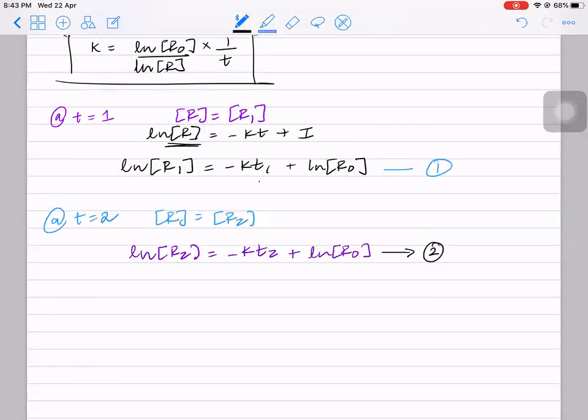Okay, this is at t1, the other one is at t2. Now let's subtract these two equations. Let me subtract 1 from 2. So when I subtract 1 from 2, what do I get? I'm subtracting equation 1 from equation 2. Let's see. It will be ln R1 minus ln R2 is equal to minus kt1 minus kt2, and these guys are the same, ln R naught, so that will cancel out, right?